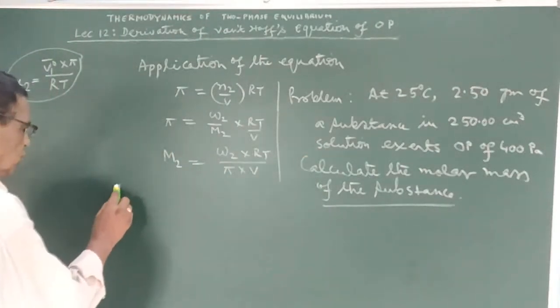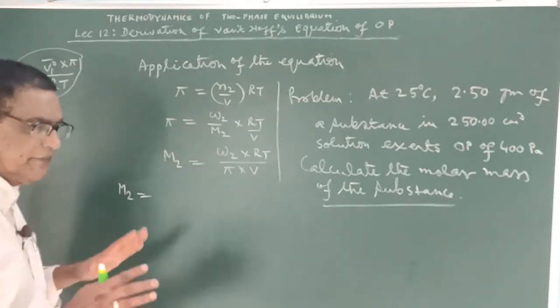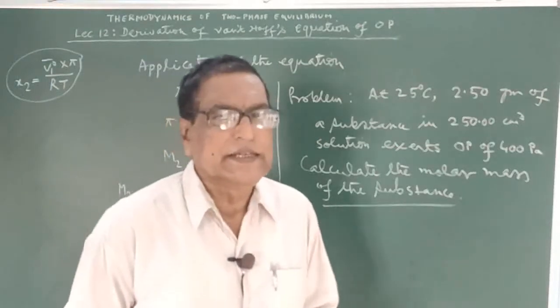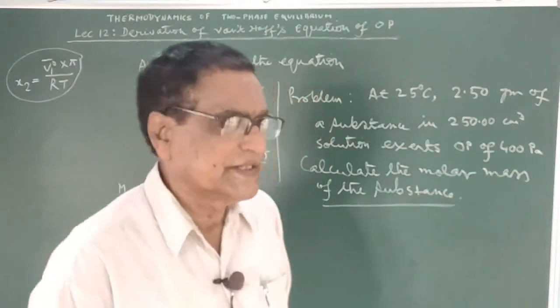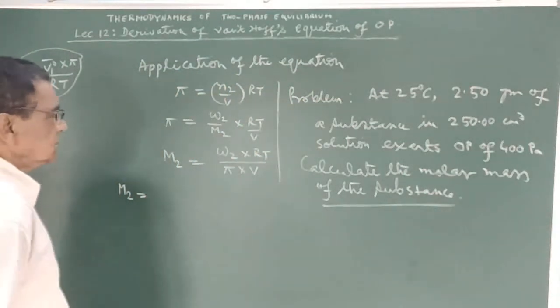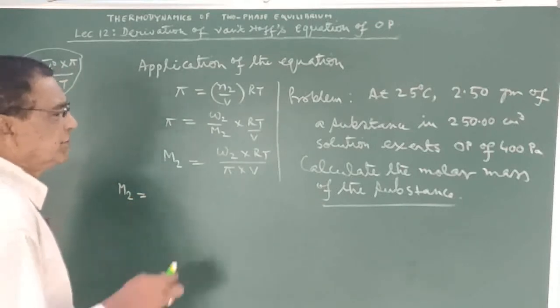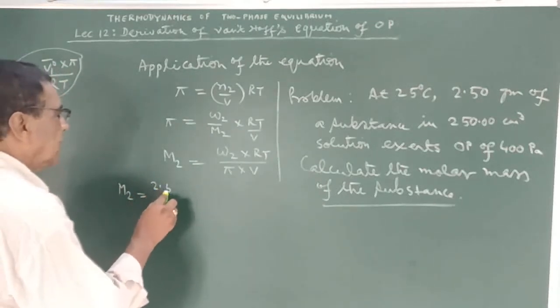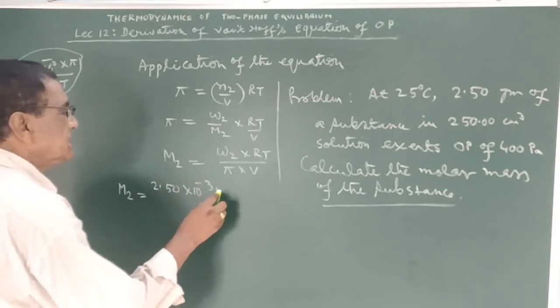So M2, the molar mass of this solute: W2 is, if we use SI units, since pressure is given in SI units, so you can do these problems in SI units, then 2.50 gram means 10 to the power minus 3 kg.